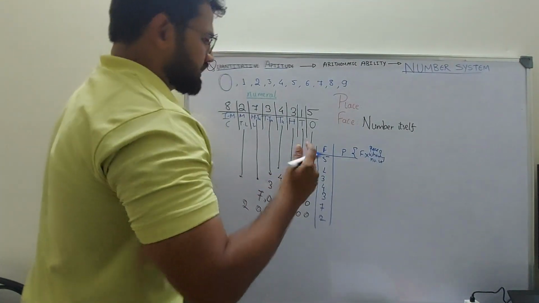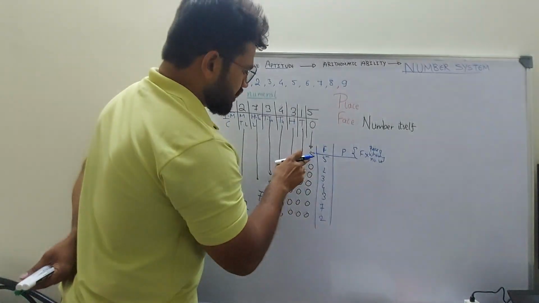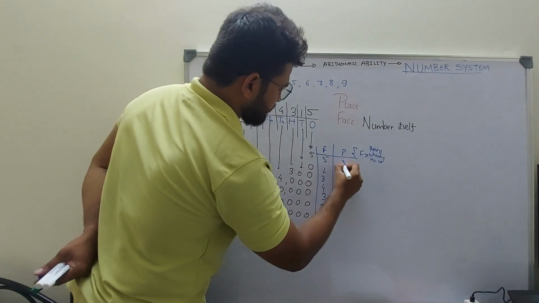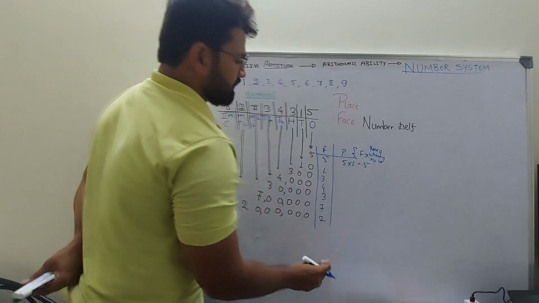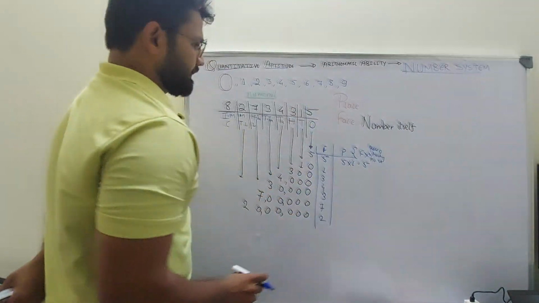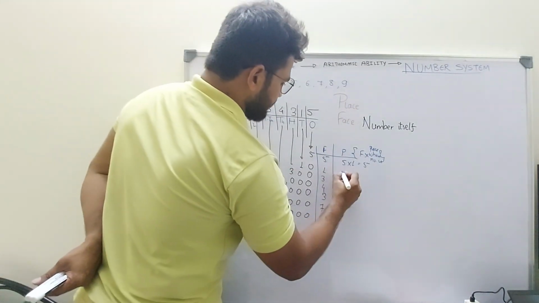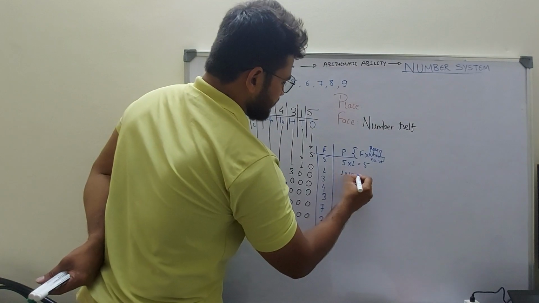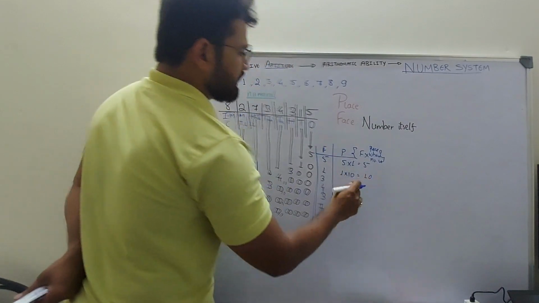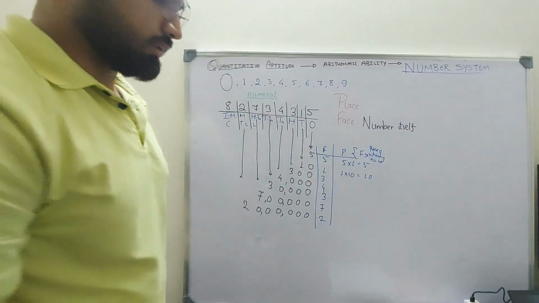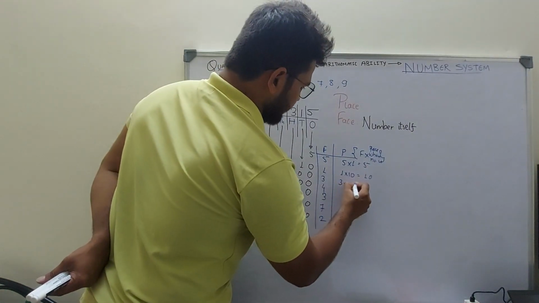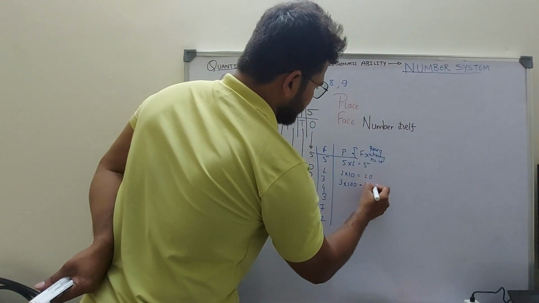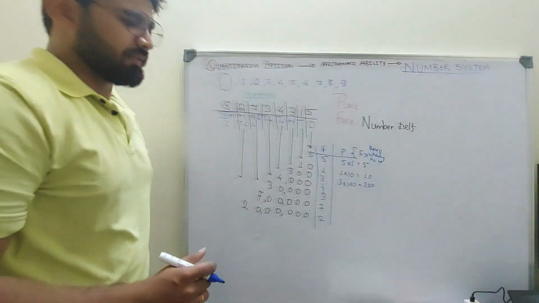So first of all, place value of 5 will be 5 into 1, that is 5. 1 is because of ones. Then for 1 we have 1 into 10, that is 10. So 10 is the place value. Similarly, for 3 into 100, it will be 300 is the place value.